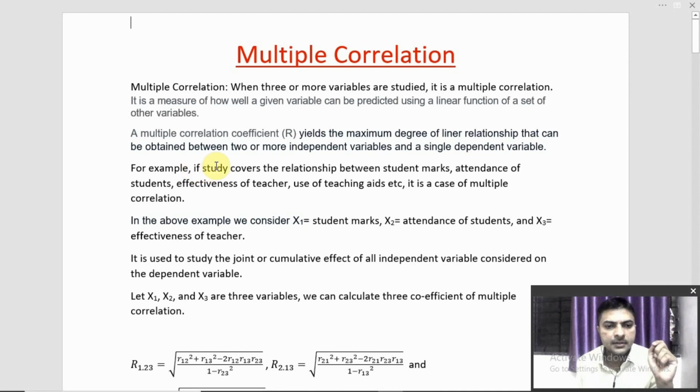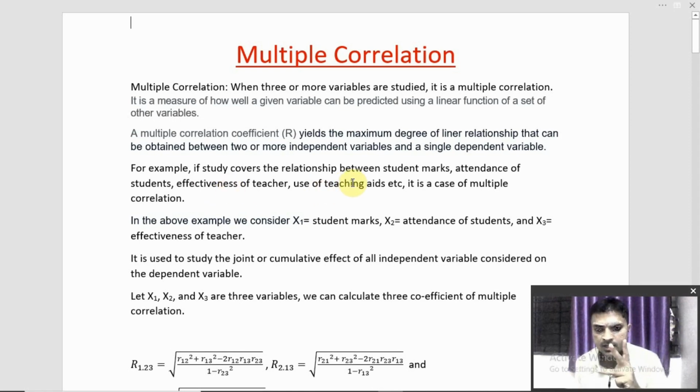For example, if we study the relationship between student marks, attendance of students, effectiveness of teacher, use of teaching aids, etc., it is a case of multiple correlation, where student marks is one variable, attendance is the second variable, effectiveness of teacher is the third variable.